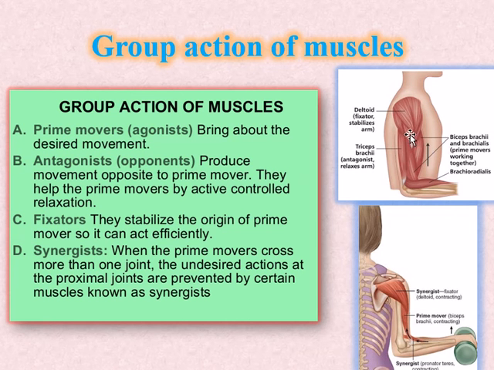Fixators stabilize the region of the prime mover so it can work efficiently. Synergists: when the prime mover crosses more than one joint, undesired action at the proximal joints is prevented by certain muscles known as synergists.